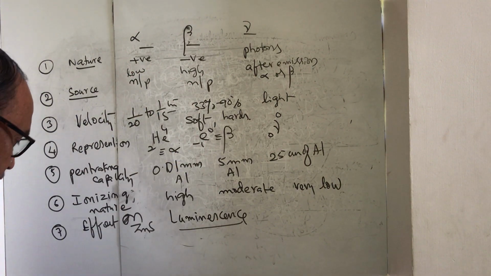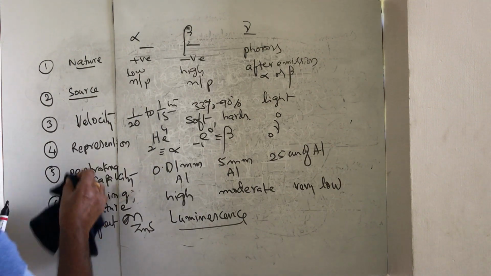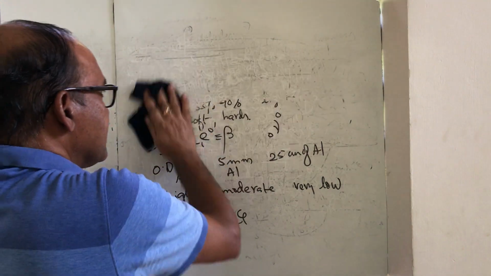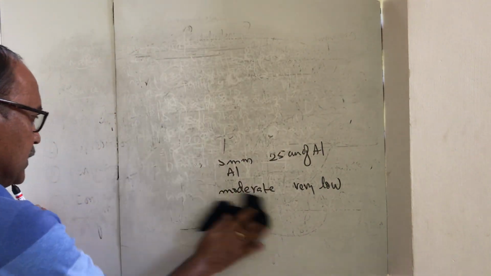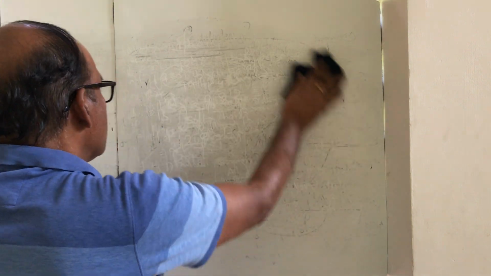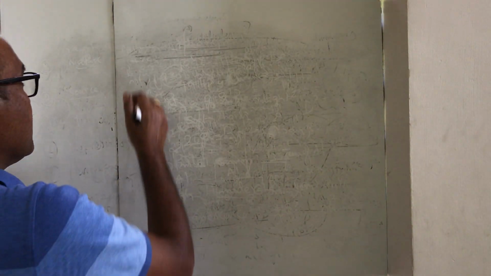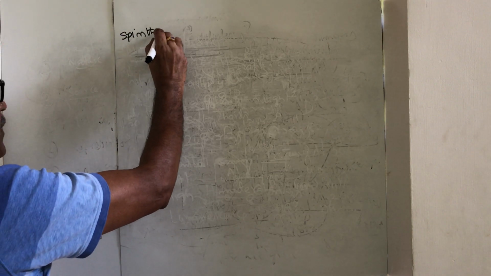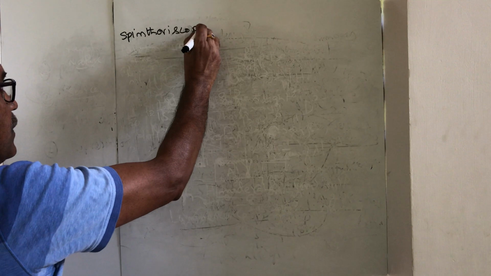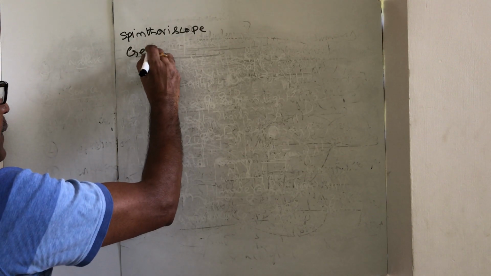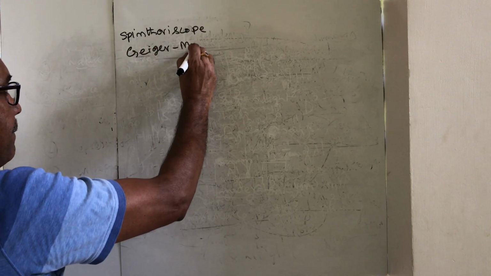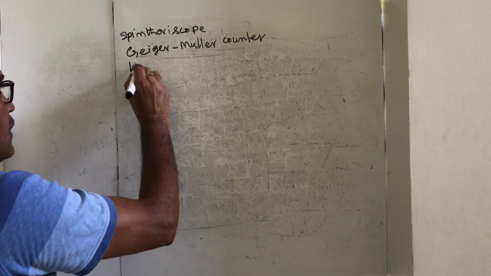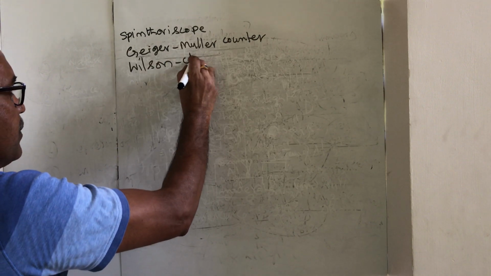The experimental methods used to identify the alpha, beta, gamma rays are the spinthariscope, Geiger-Müller counter, and Wilson cloud chamber.